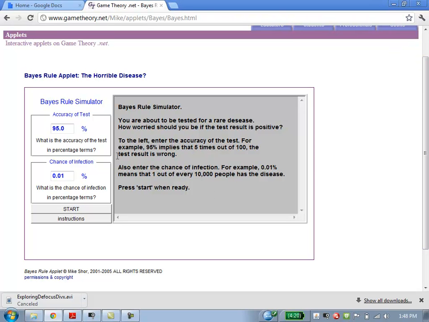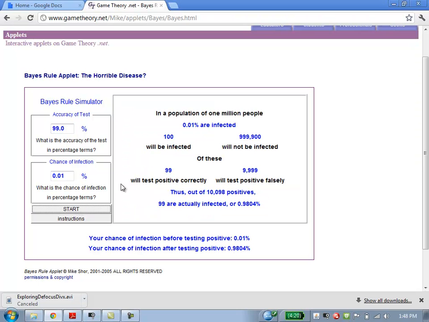Okay, so I think the reason I'm bothering to do this is it has these nice numbers in it. In a population of 1 million people, 0.01% are infected, right? So that means 100 people. And 999,900 are not infected, right?